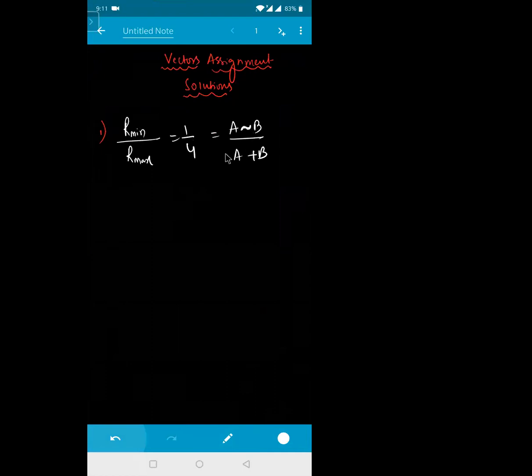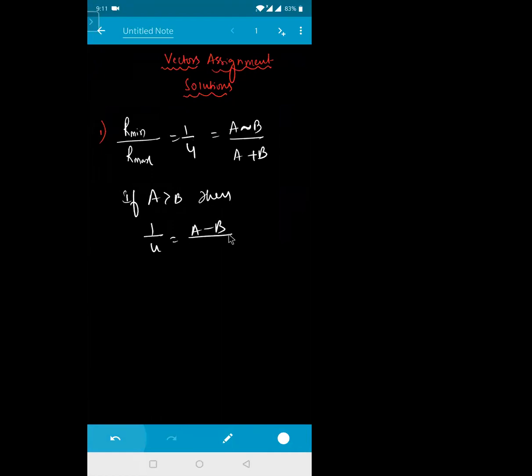If A bar is greater than B bar, then 1/4 equals A minus B divided by A plus B. Then A plus B equals 4 times A minus B, so it is 4A minus 4B.